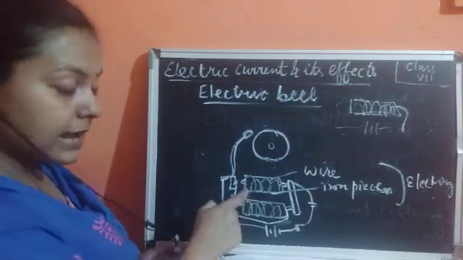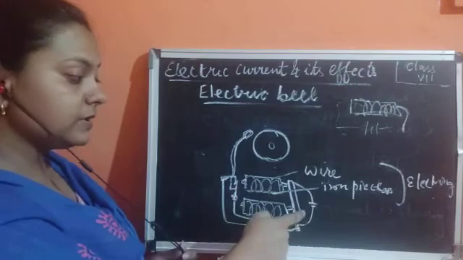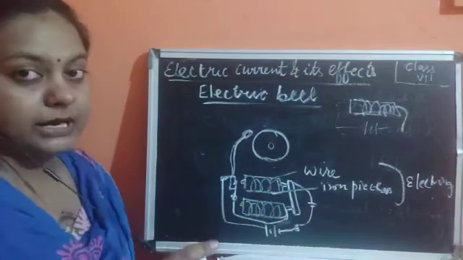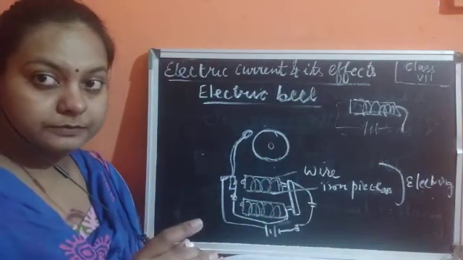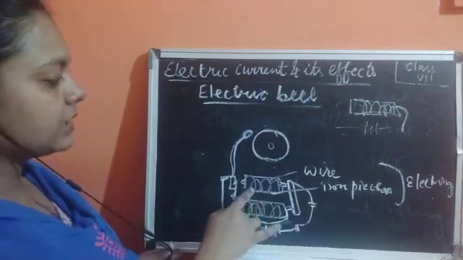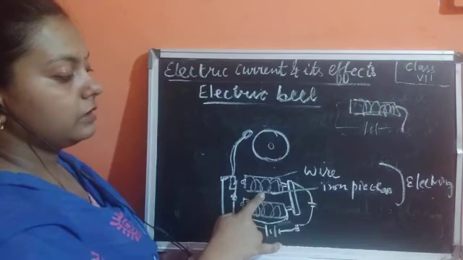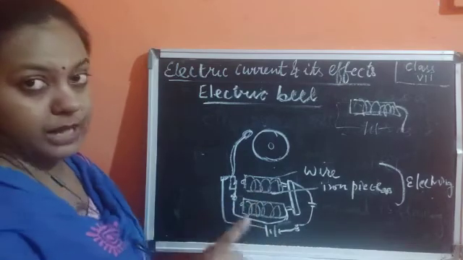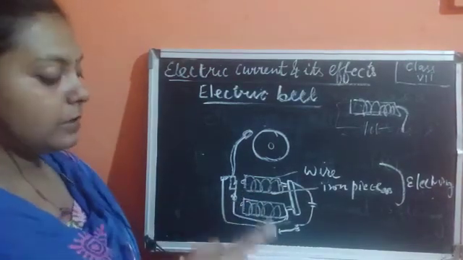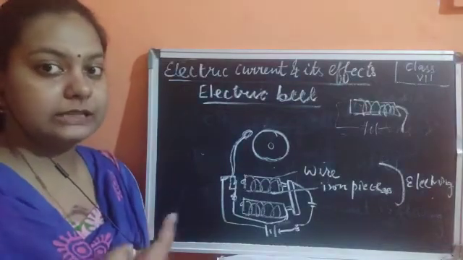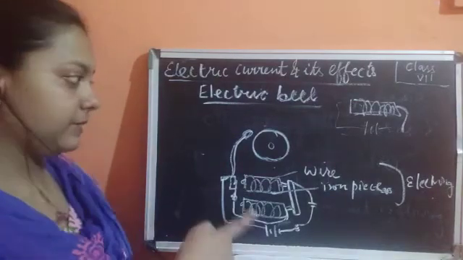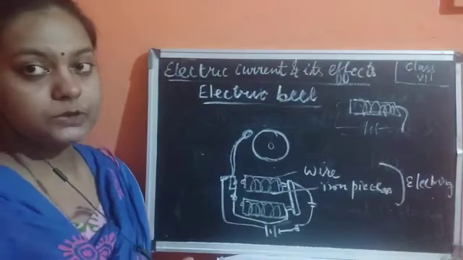The similar thing happens here also. Once the switch is closed, in the on condition, this bell starts working and behaves like an electromagnet. We'll see more parts of this, and we'll see the working if time permits. Otherwise I will discuss the working in the next class.